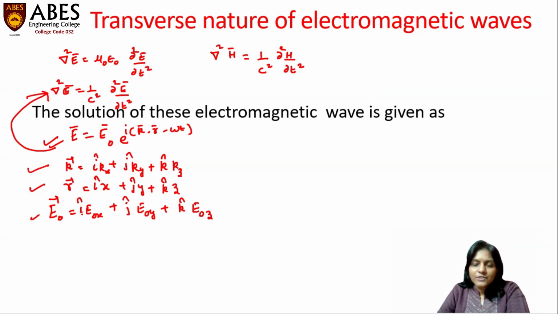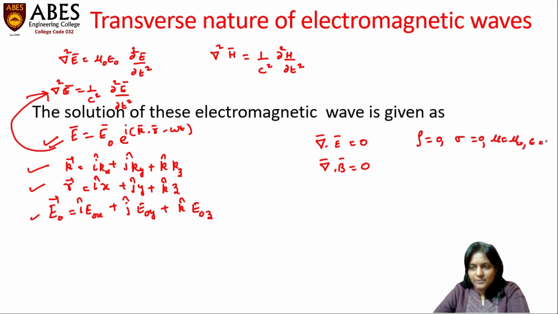The transverse nature can be solved with the help of Maxwell's equations in free space. The Maxwell equations in free space can be written as del dot E is equal to 0, and the second Maxwell equation is del dot B is equal to 0, because in free space rho is equal to 0, sigma is equal to 0, mu is equal to mu naught, and epsilon is equal to epsilon naught.